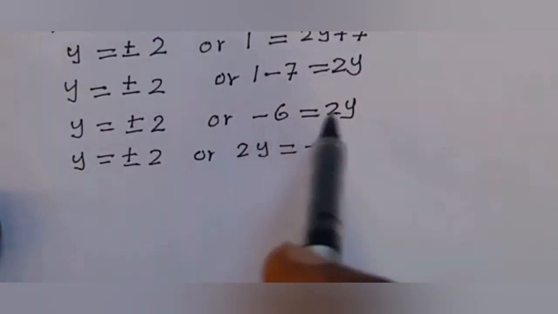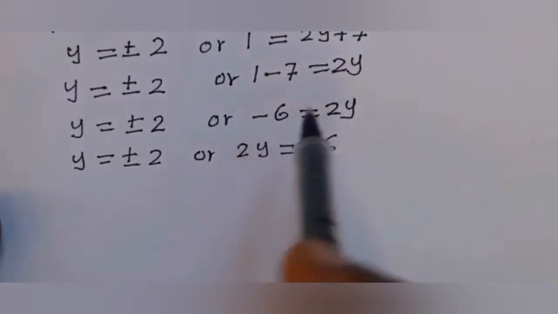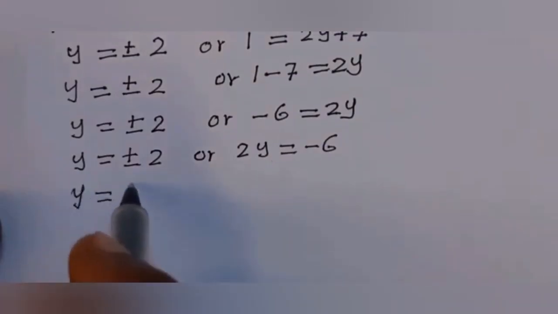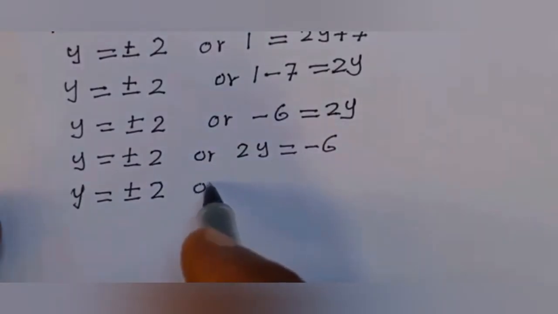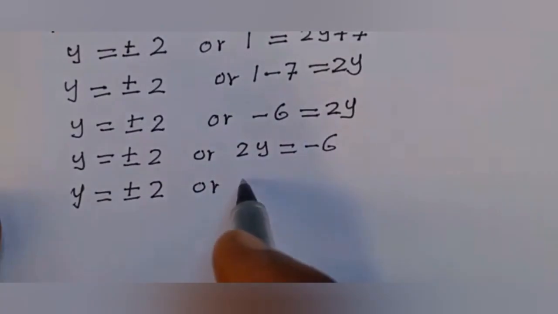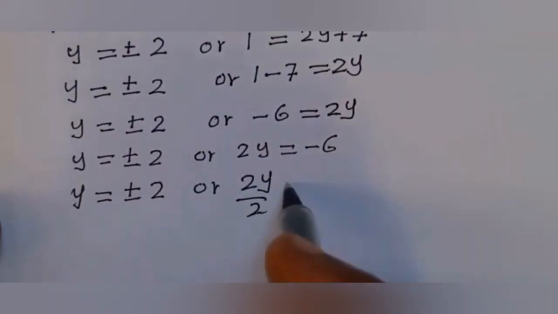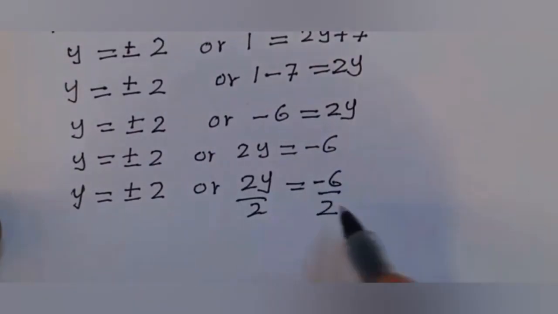Rearranging, this one shifts to the left hand side while this one shifts to the right hand side. Again, y equals plus or minus 2, or here divide by 2 both sides in order to get the value of y. So we have 2y divided by 2 equals negative 6 divided by 2.